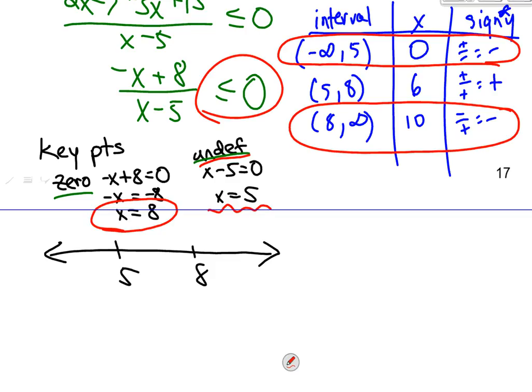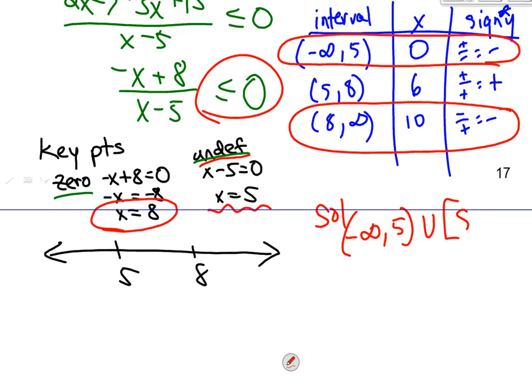So even though in this interval it's negative, at 5 it's undefined. So our solution is from negative infinity to 5. And does it include the 5 or not? No. Union with 8 to infinity, and does it include the 8?